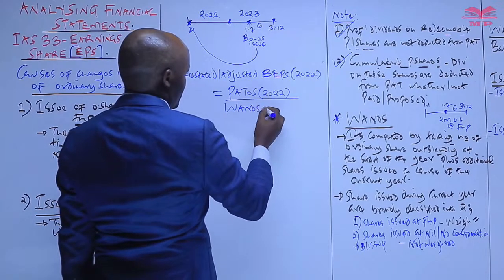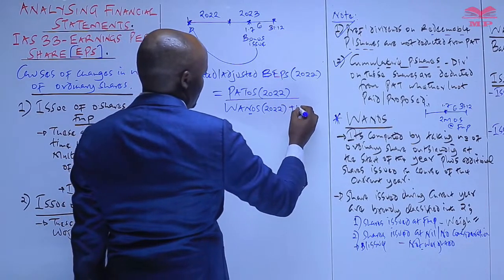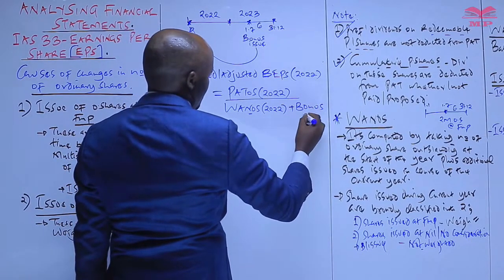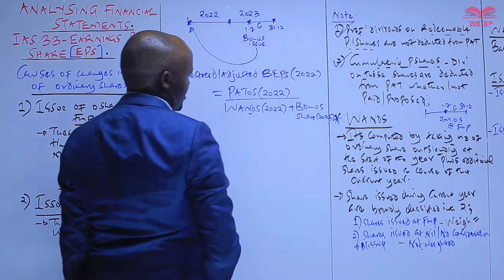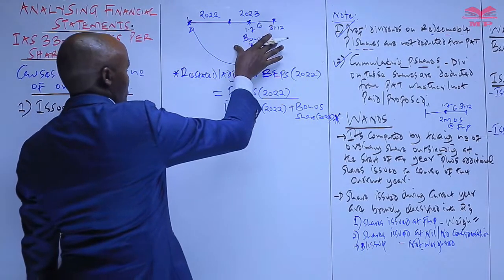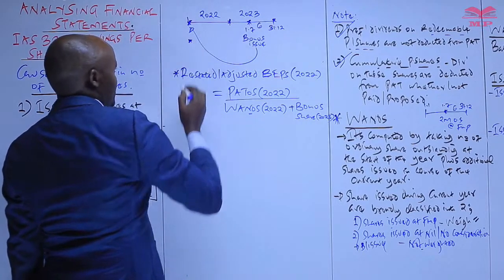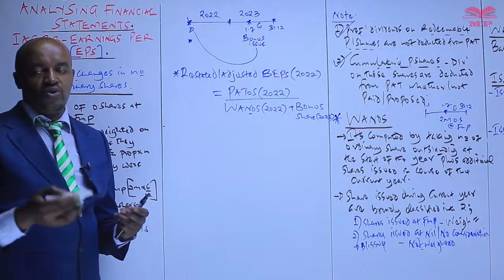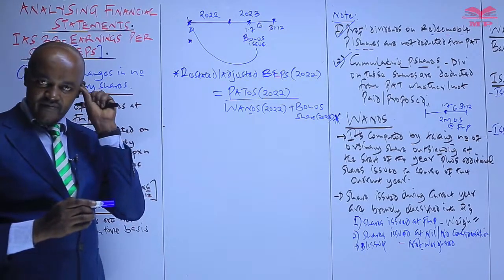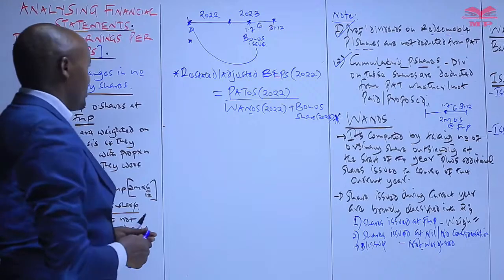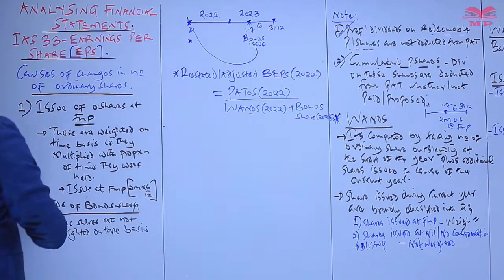We know how to compute that for 2022, but to it we add the bonus shares issued in the year 2023, simply because we assume they were issued at the start of 2022. So you have to restate, or compute afresh, the earnings per share of the previous year. That's how we deal with bonus shares.